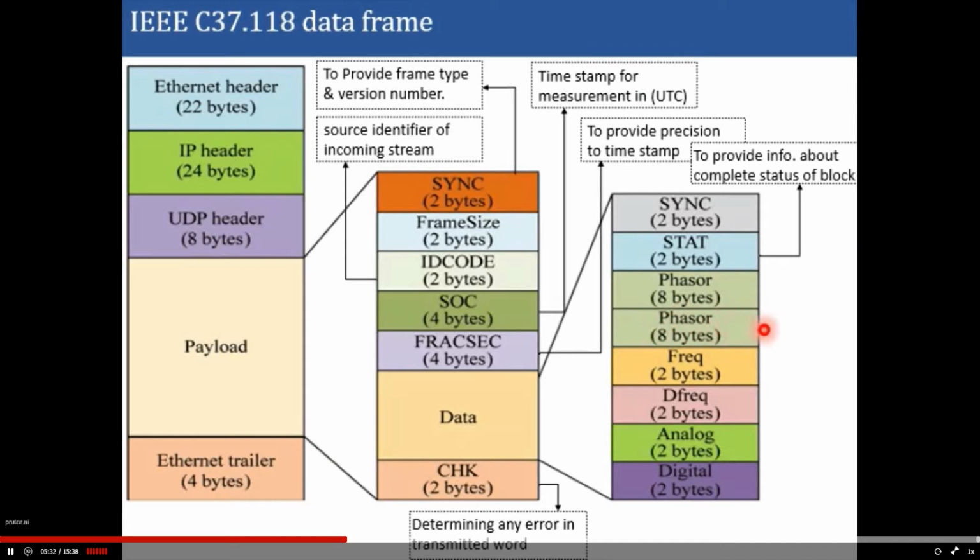Second block may contain current phasor information. Then we have frequency information, rate of change of frequency information, and analog as well as digital information which you want to share along with the phasor data. So this is how the data frame of the phasor measurement unit is created and transmitted over the network.